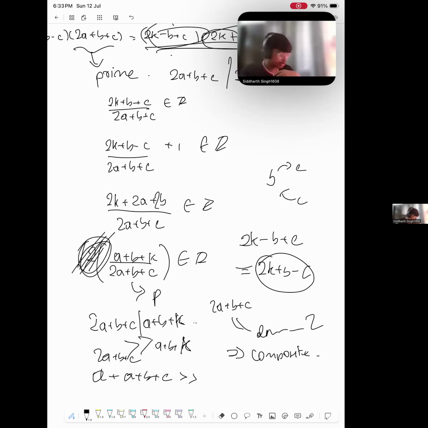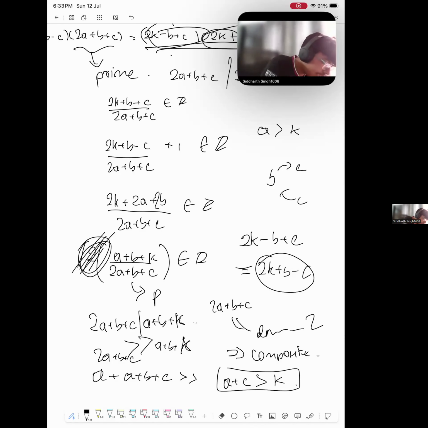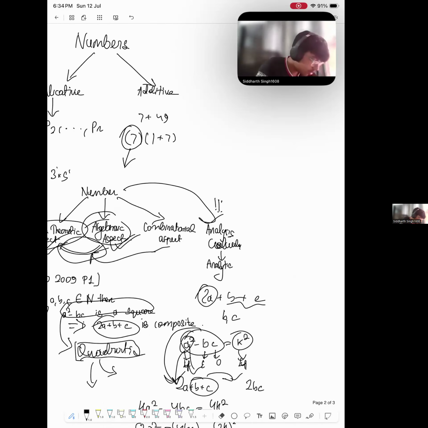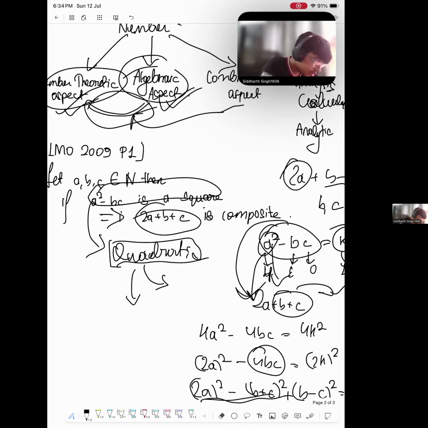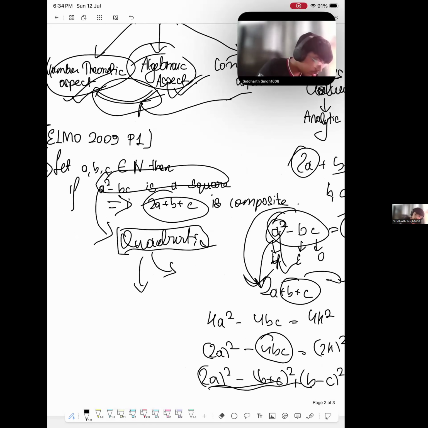Indeed, once you notice that, after simplifying out the parts, a plus c is greater than k. Now, why is this inequality true? Anyone? In fact, I'll make it simpler. a is greater than k. Why is this true? Where was the initial equation?